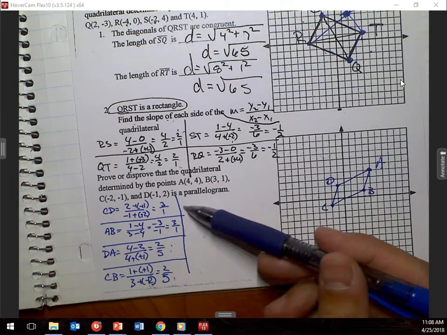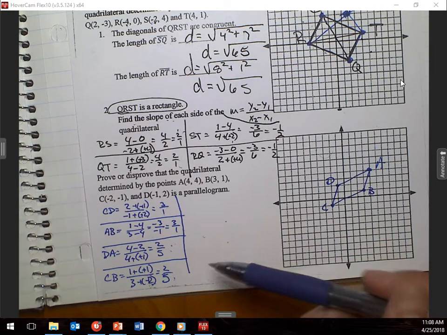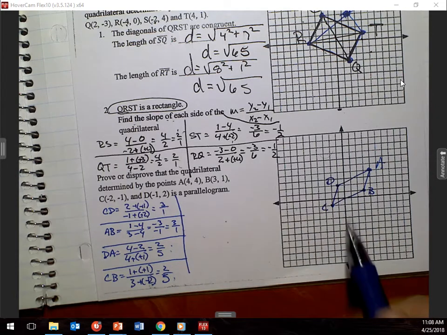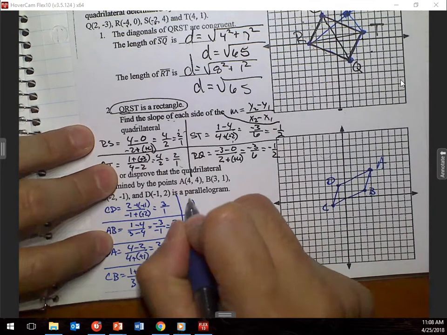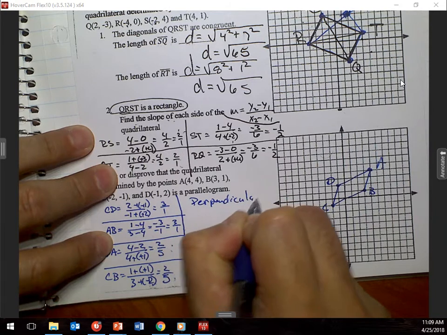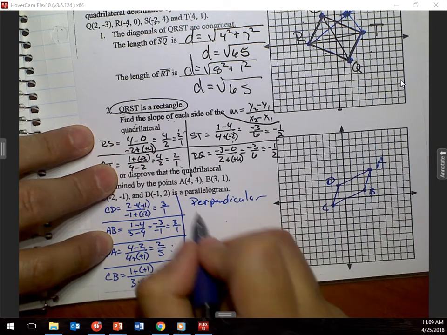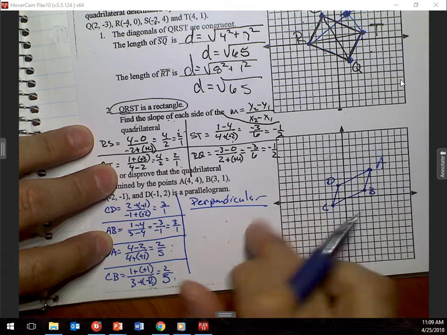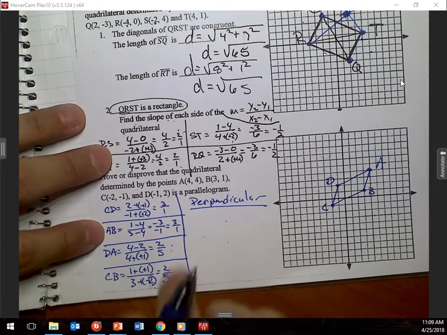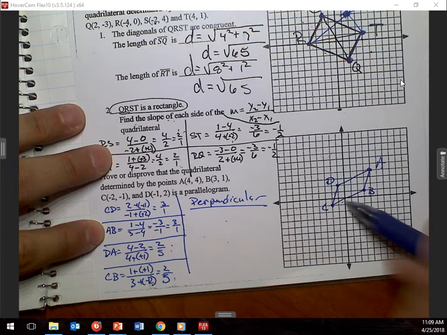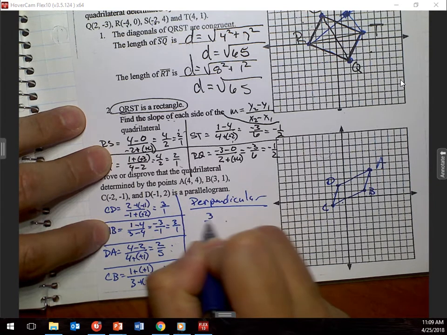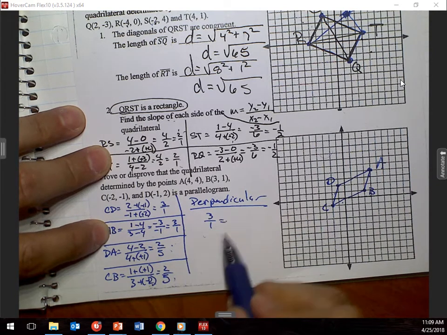Now, we're going to compare these two. If you remember the notes the other day, for it to be perpendicular, the slopes have to be opposite and reciprocal. So if I take this, 3 over 1, what's the opposite of a positive?